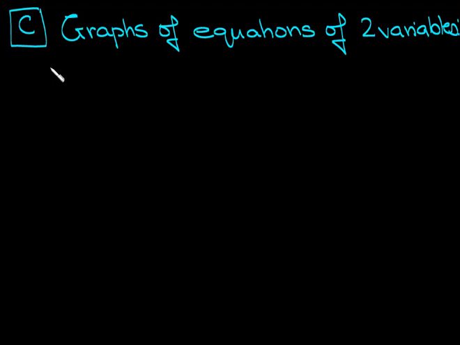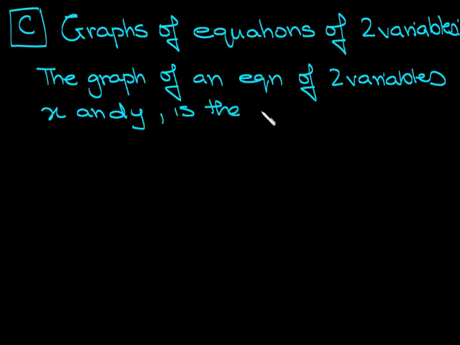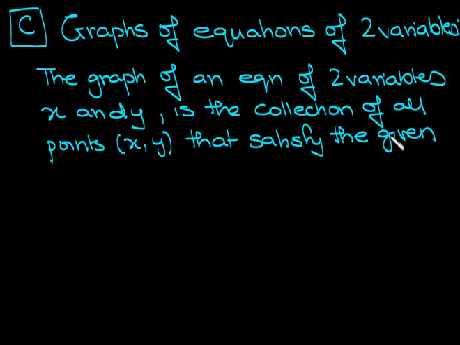So first of all, let's define that. The graph of an equation of two variables, x and y, is the collection of all points (x, y) that satisfy the given equation.